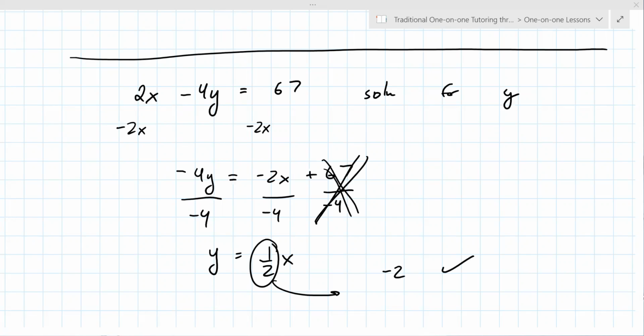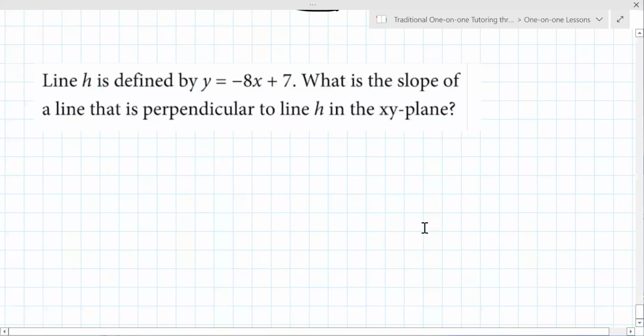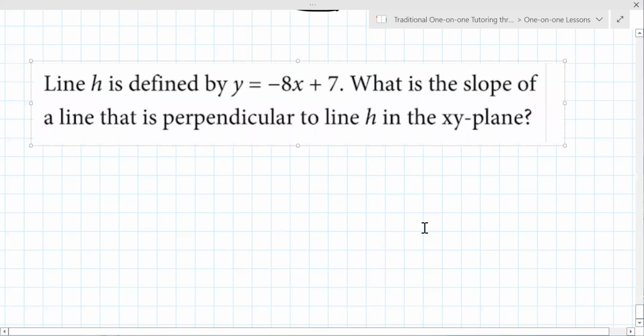Okay, we can do this one really fast. This will be our last question. I want you to read this question out loud for me. Line H is defined by y equals -8x plus 7. What is the slope of a line that is perpendicular to line H in the xy plane?